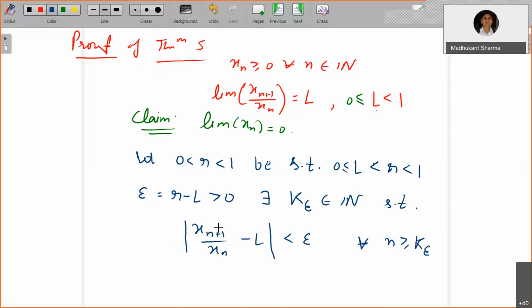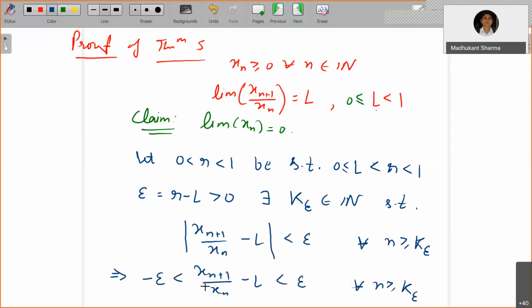Now open up the definition of this modulus. So this implies minus epsilon is less than xn plus 1 by xn minus L, which is less than epsilon, for all n greater than or equal to k epsilon.